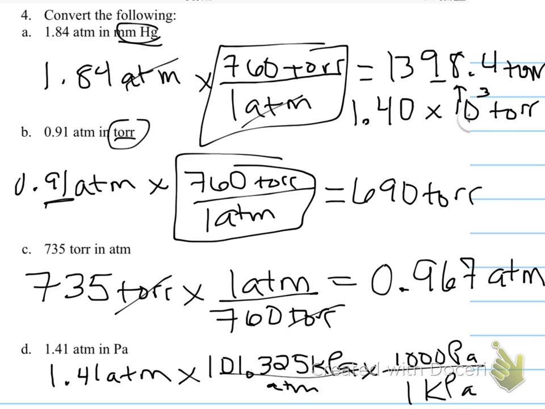So we have multiple steps here. Get rid of the kPa there, get rid of the atmospheres there, and we end up with pascals. These are all being multiplied together, and our answer from the calculator is 142,868.25. So quite a big number.